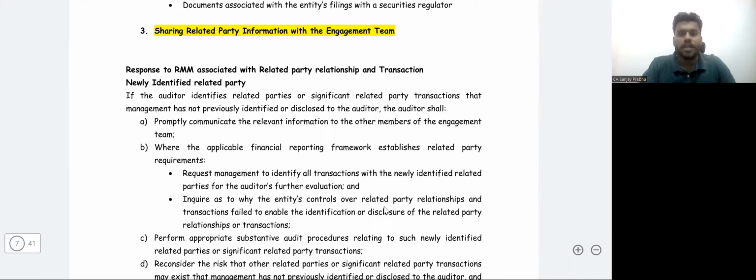Okay, step 1, promptly communicate this matter to your team members. Whenever you identified a related party which was not disclosed by the management, step 1, you go and communicate this matter as fast as possible to your team members. Second, you should request the management to identify all the transactions the entity was having with this newly identified related party.